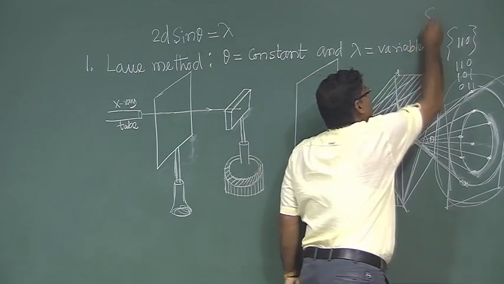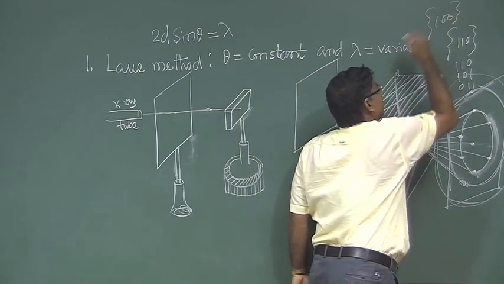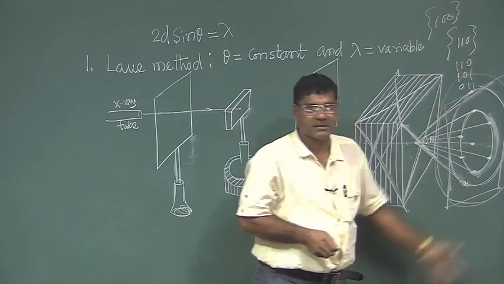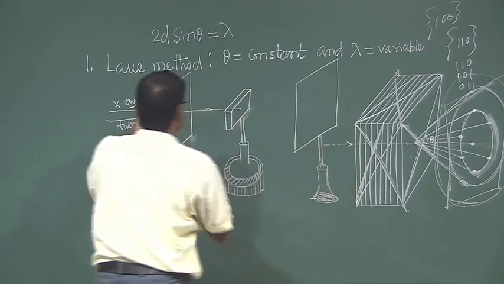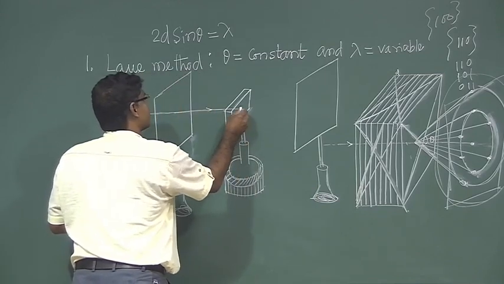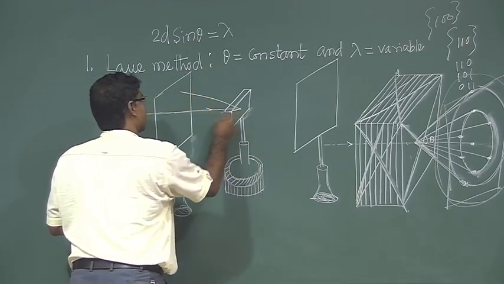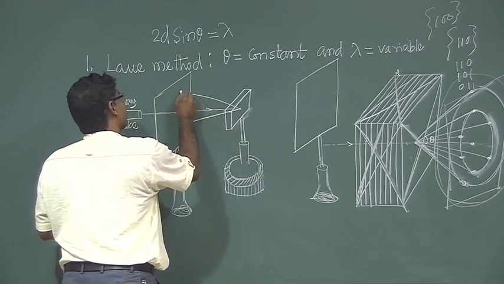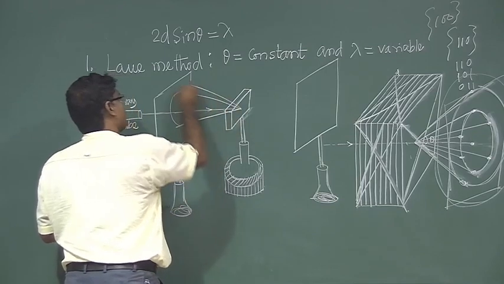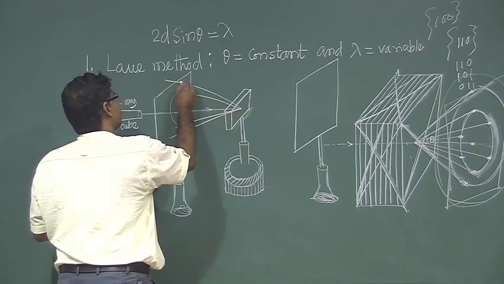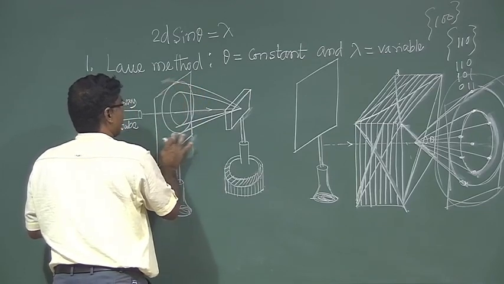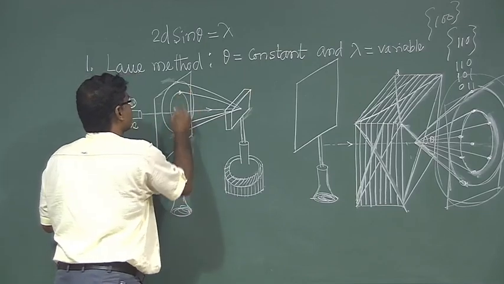Like 1 1 0, this is one family of planes, this is another family of planes, etc. And for the backscattered ones, if you think of the other side, you will get the same cone on the opposite side also. On that you will get spots.